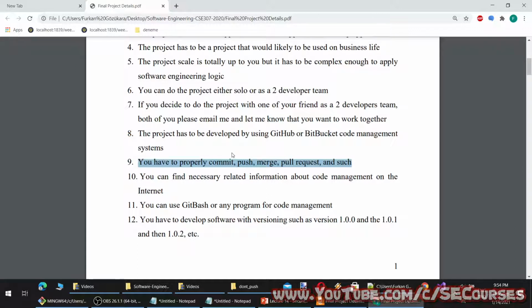Moreover, having experience on how to use a code management system is extremely crucial, because nowadays every decent company uses code management to develop software and share the software development workload between multiple developers.